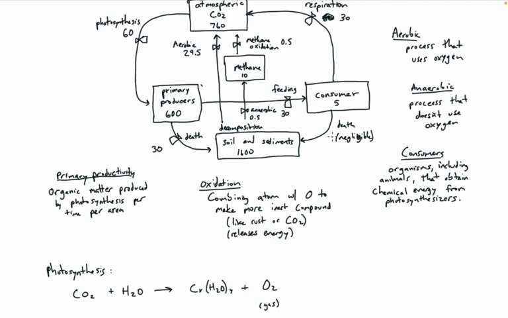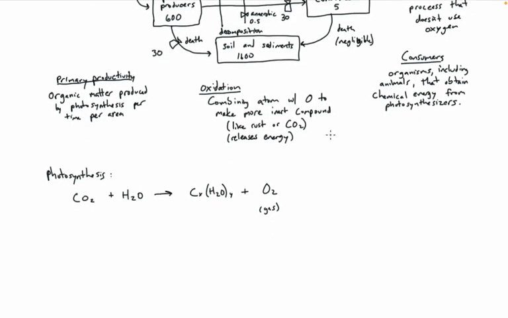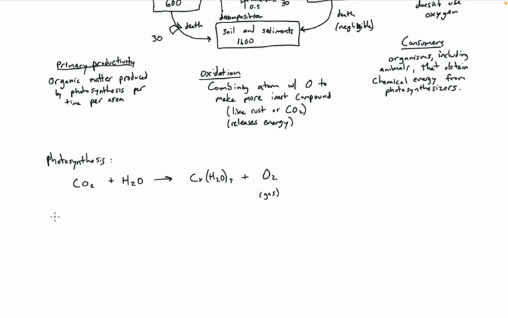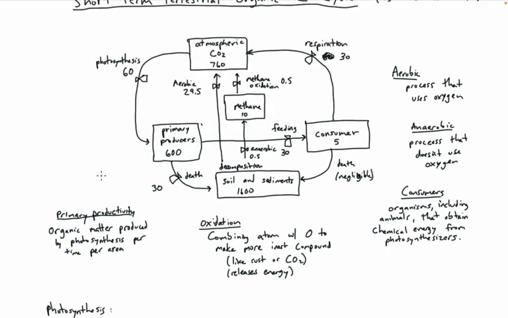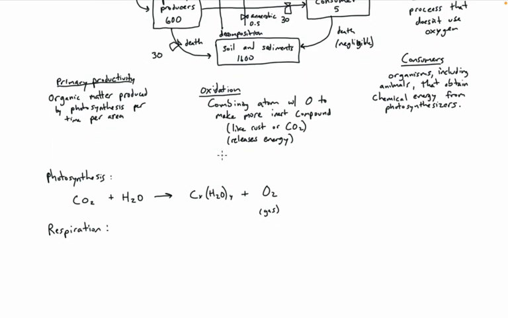So we breathe in and out a lot more carbon than we actually have in our bodies over our lifetimes. So that process of respiration is basically the opposite of this photosynthesis process, which you would expect based on the arrows of inflow and outflow of CO2 in the atmosphere.